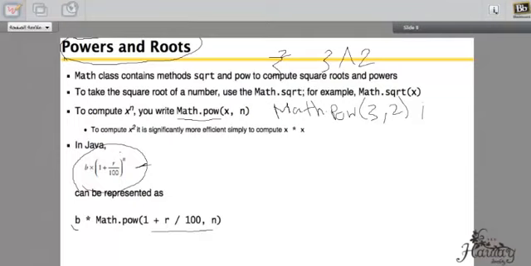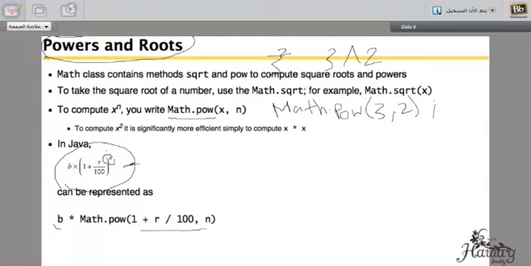Bracket first. What exactly? Solve the power first? No, it will solve the division first, not the power. Then we've got addition and we've got division. Who's got the highest precedence out of the two? Obviously, the division is stronger than the addition. So we will do this first. Java will do r divided by 100. Once it's done that, it will add the 1 to it.